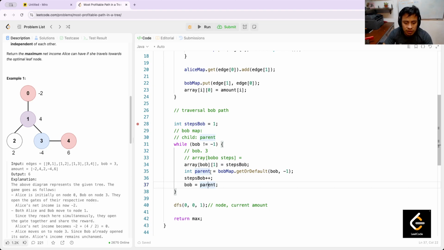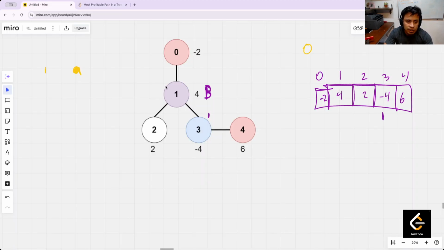Here is 1, because it's the parent. Now in the index one, I put the number of steps, two. Continue with this. Now, the value that is 0 here, and is 2 plus 1 is 3. 1, 2, 3, and it's done.